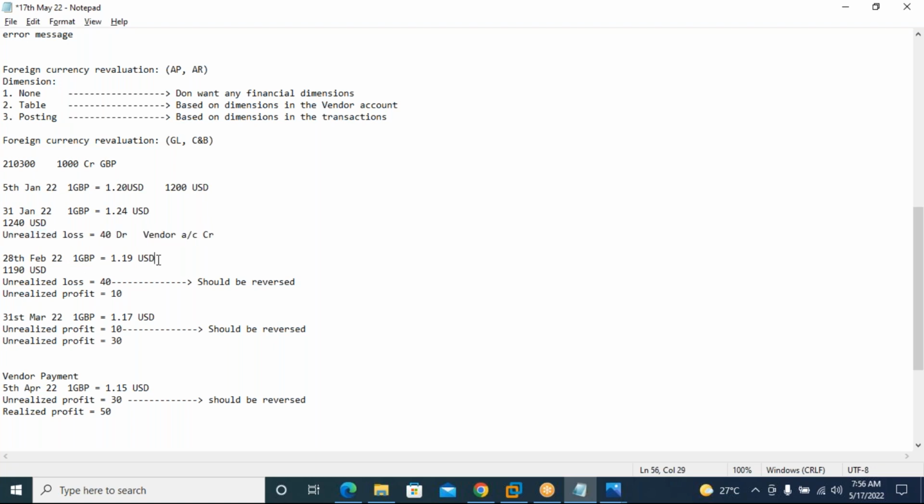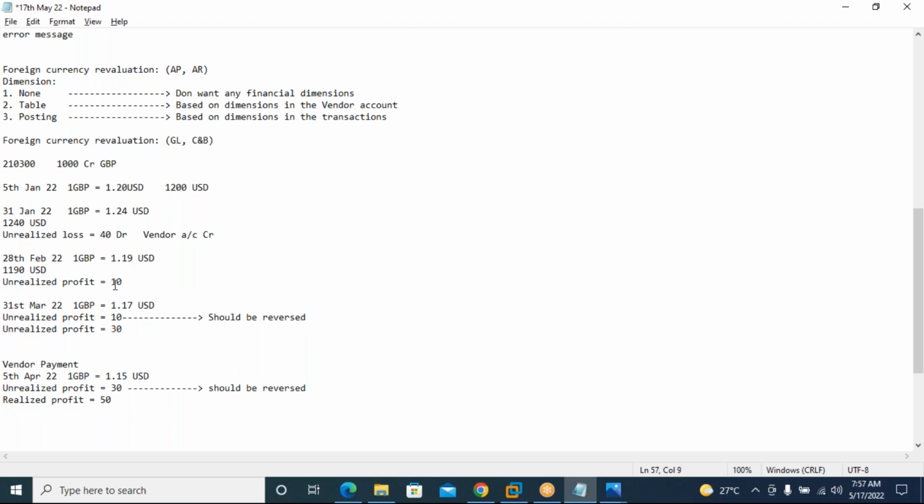Now on 28th February it is 1.19. Then 1190 I need to post. So the previous entry will not be there in the system. The logic will not execute that one. So the profit or gain of 50 will be posted. The difference of $50 will be posted to this account.